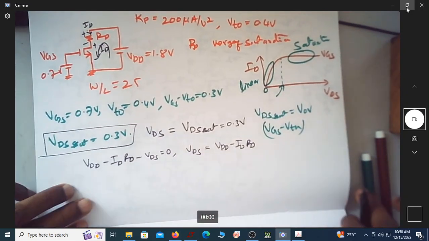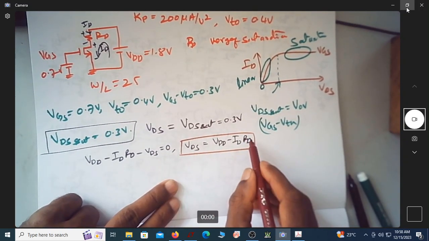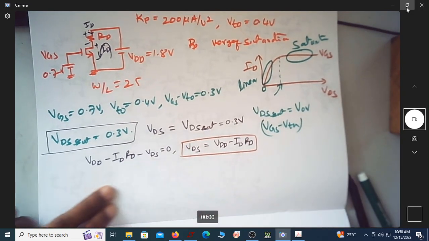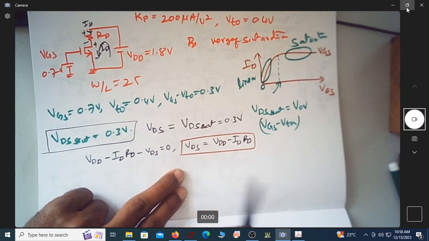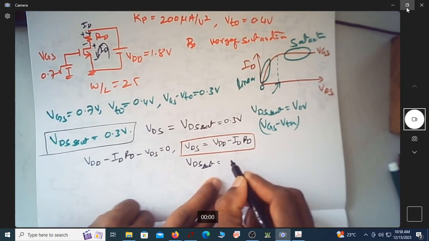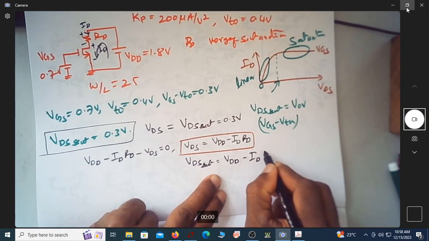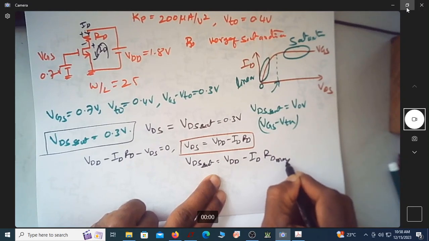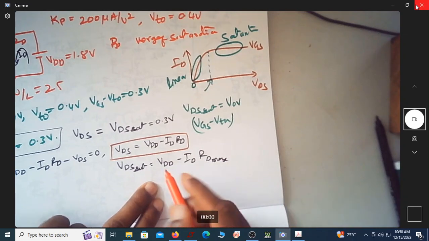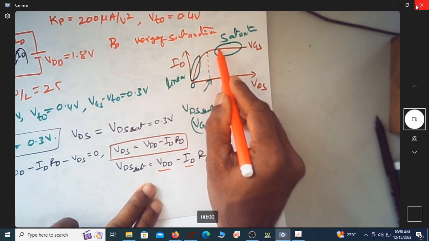Now we need to rewrite this equation to find the value of RD maximum, so that this becomes 0.3 volts. We will simply replace this VDS by VDS sat, at that time this RD will become RD max. Looking at this equation, we know that this is a constant value, and ID is also constant during the saturation region.